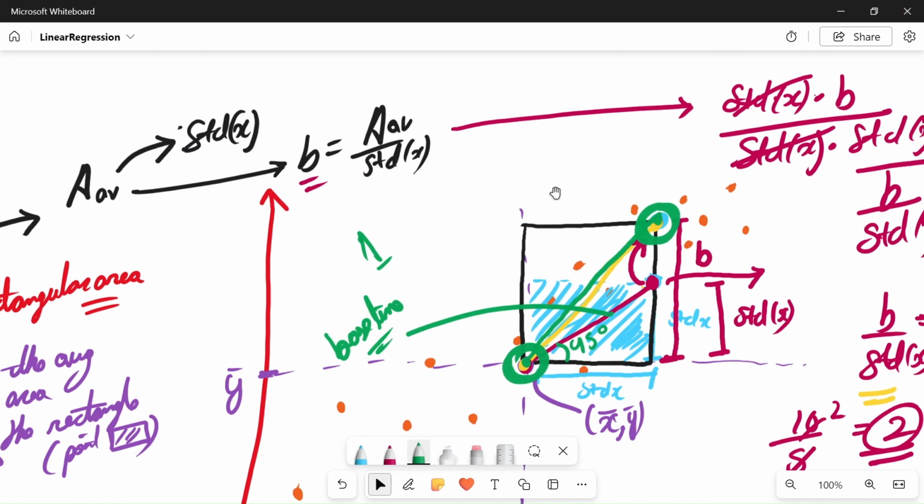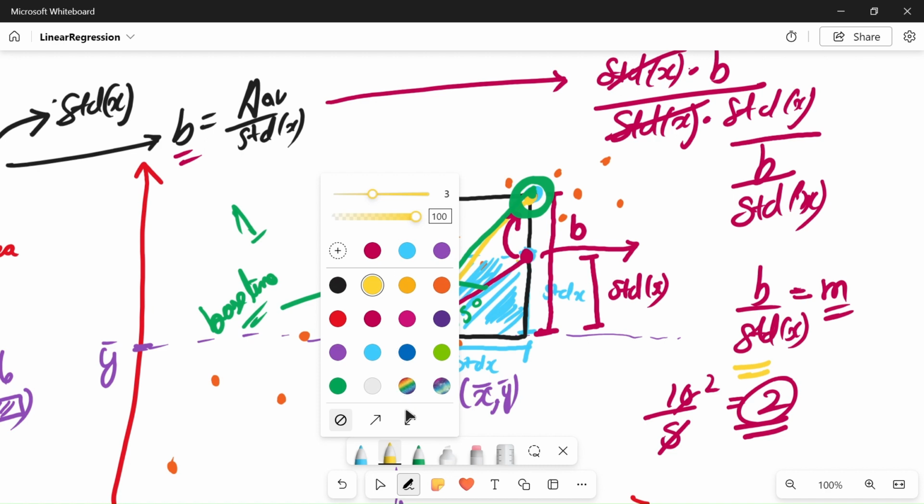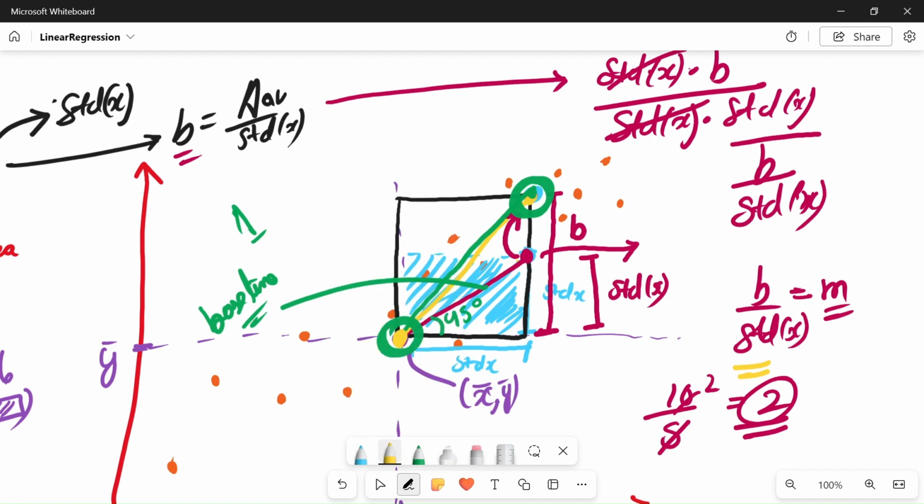As I've said before, the line of the best fit rotates about this particular point, x bar y bar, right?